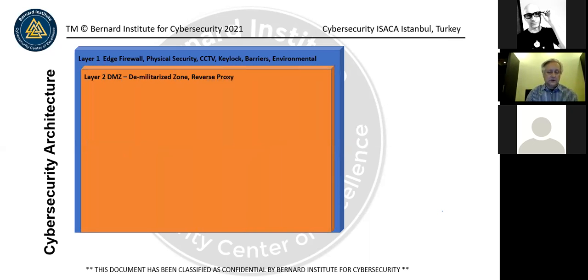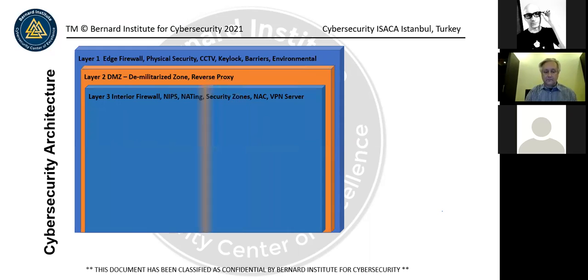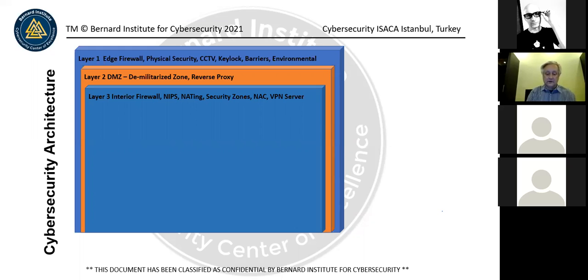On layer 2, we usually have some kind of demilitarized zone. We might have some kind of defense against DDoS, and we might have reverse proxies. We could have other types of technology in that DMZ. The interior firewall might have a network intrusion prevention system. They could be using NAT as a defense against different types of threats from the outside, from the wilds of the internet.